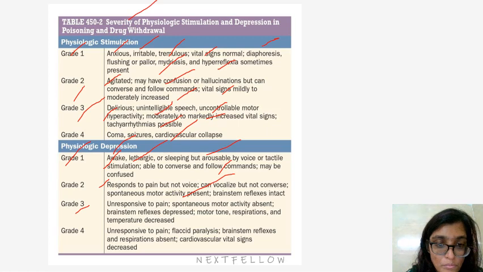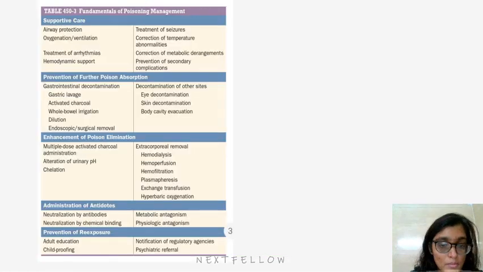Grade 3, unresponsive to pain, spontaneous motor activity is absent, brainstem reflexes are depressed, motor tone, respiration and temperature decreased. Grade 4 is unresponsive to pain, flaccid paralysis, brainstem reflexes and respiration are absent. Cardiovascular vital signs are decreased. So these are the grades of physiologic stimulation and physiologic depression in case of poisoning or any kind of drug withdrawal.